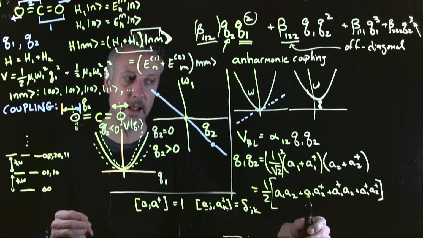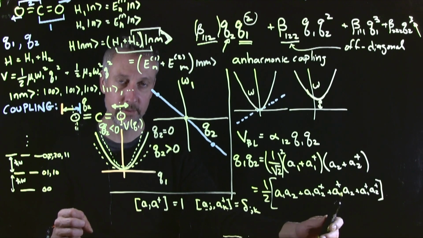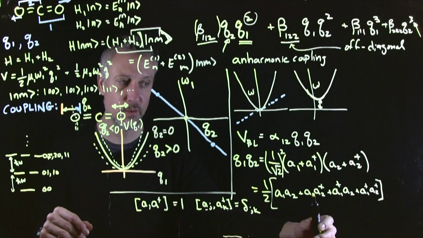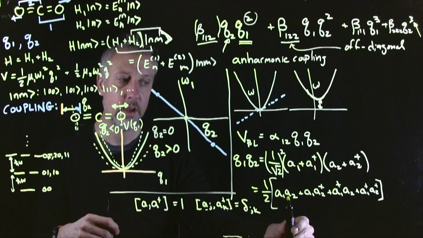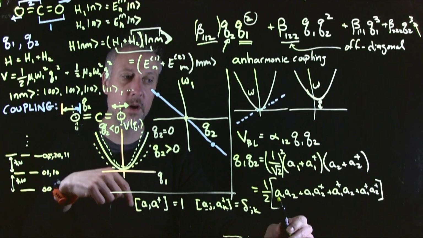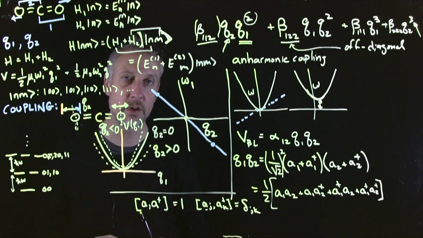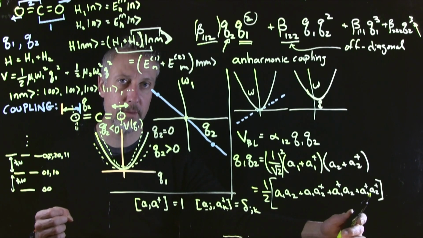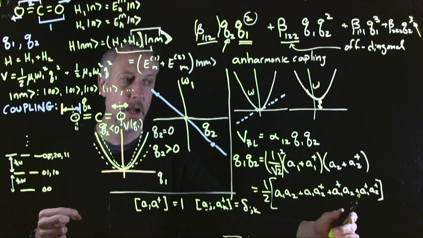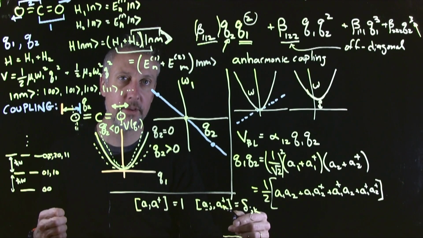This is going to look a lot like the coupling that we had for our 2-level system, which is why this isomorphism exists. Here we're going to take the Q2 quantum number down by 1. Here we take the Q1 down by 1, and then we have to match them up. So you can see where the delta functions are going to be. There will be no terms where both quantum numbers are the same, right? And there will be no terms where any one of the quantum numbers is the same, right?